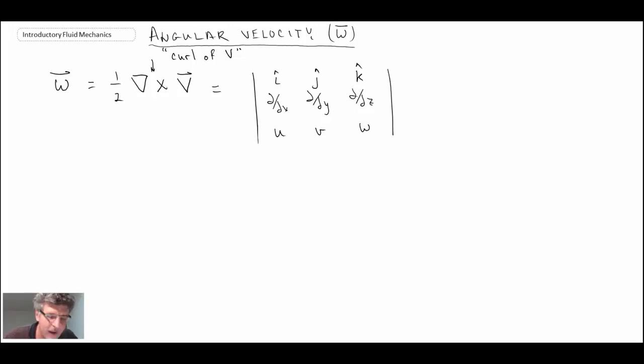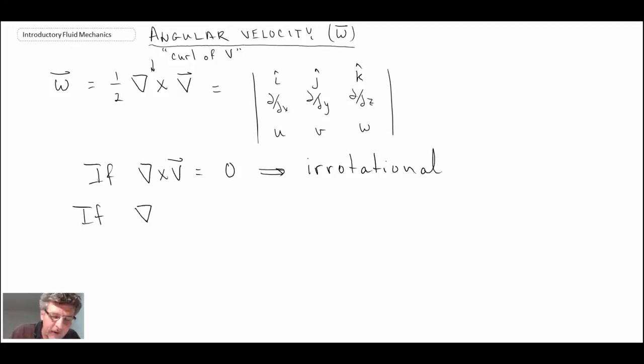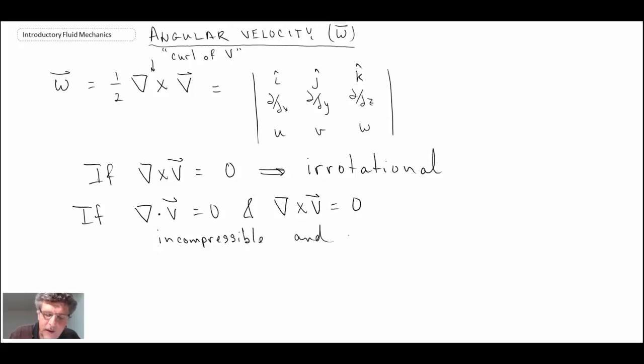So that would be the way to determine the angular velocity, which again is related to vorticity in a fluid flow. Now, if del cross v is equal to 0, that is an indication of a special kind of flow that we call irrotational. And if we have a flow where del dot v is equal to 0 and del cross v is equal to 0, that would be a flow that is incompressible and irrotational.